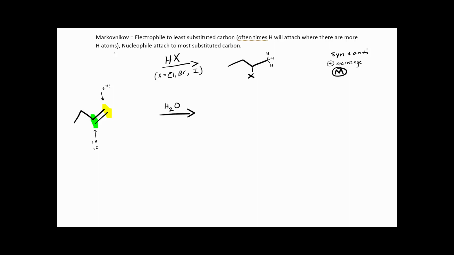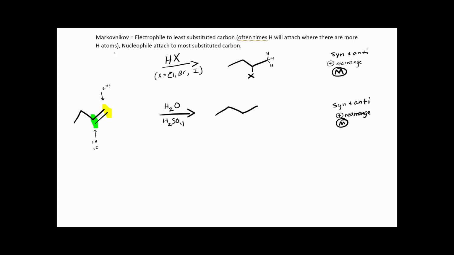Hydration is when we add water with an acid. It's a strong acid. We usually use sulfuric acid. Now, hydration, we have both syn and anti. There is rearrangement, so watch for that rearrangement because it does go through that cation step. And this is a Markovnikov addition.